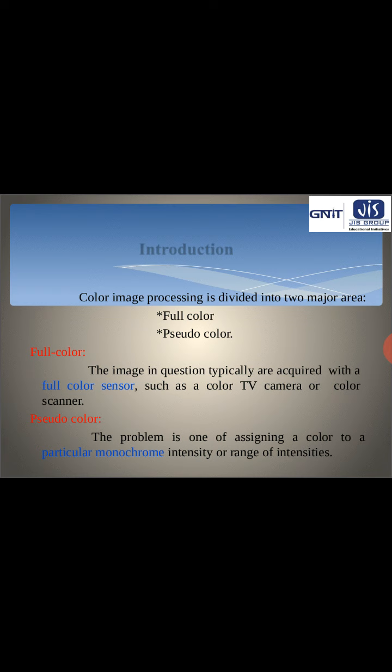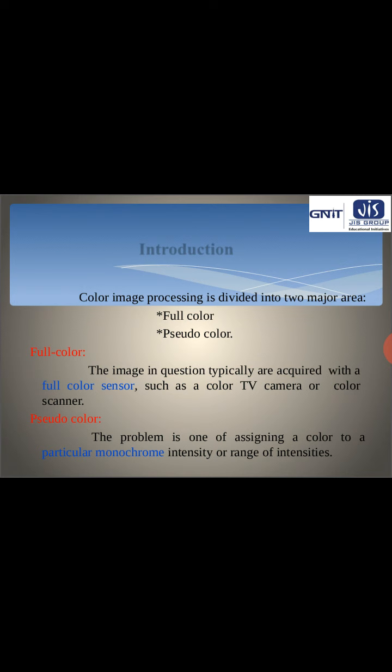For pseudo color image processing, the problem is one of assigning a color to a particular monochrome intensity or range of intensities. So this is all about the introduction to color image processing.